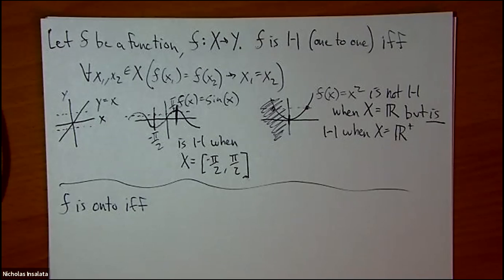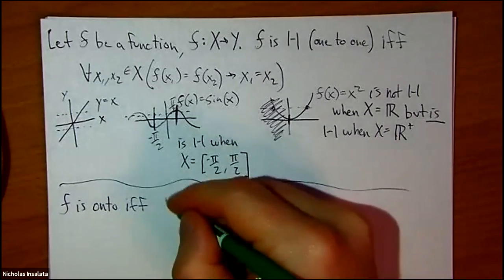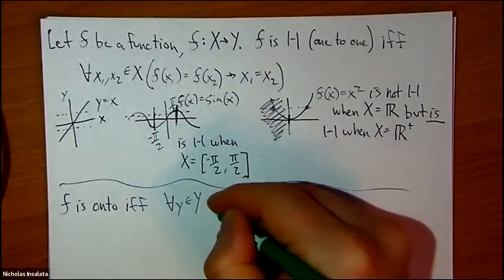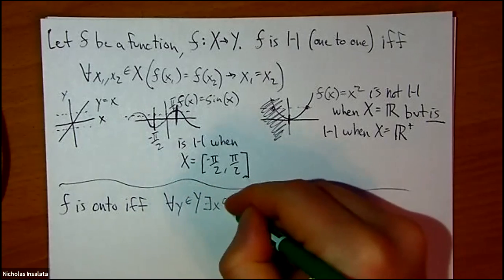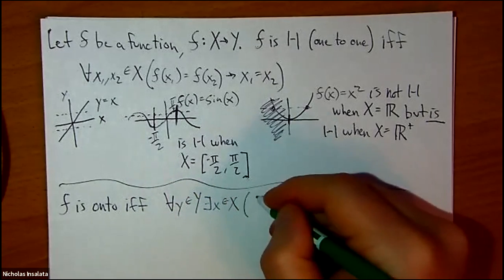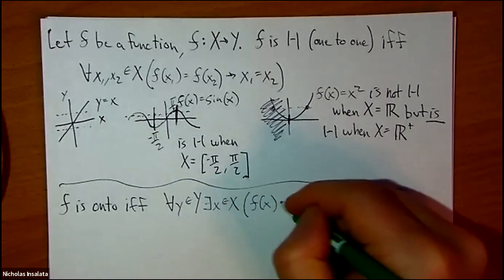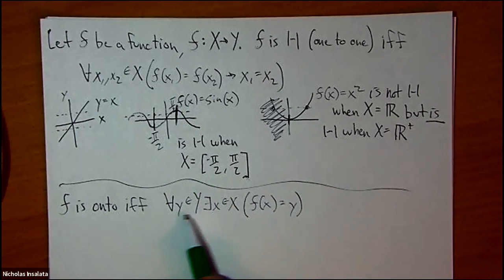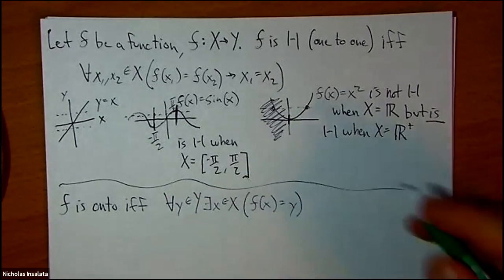Yeah, so Lucas, you got it. Every Y has an X that maps to it, right? So for all Y in Y, there exists an X in X such that f of X equals Y. Very good, right? In other words, every codomain element gets mapped to.